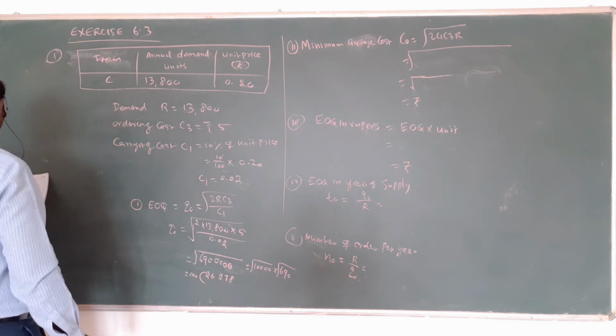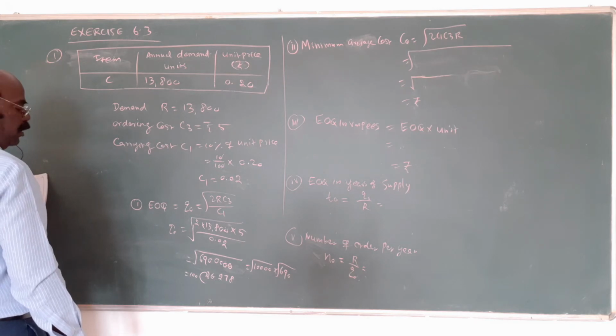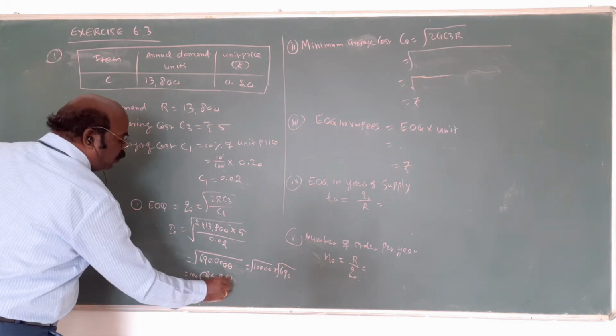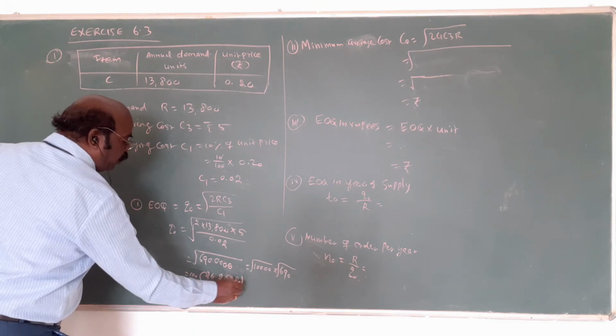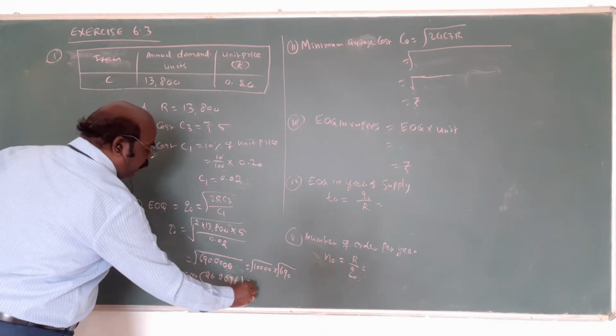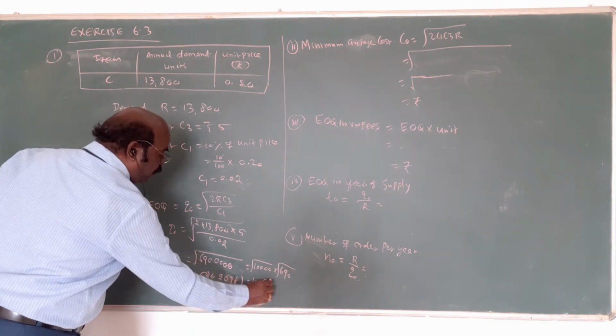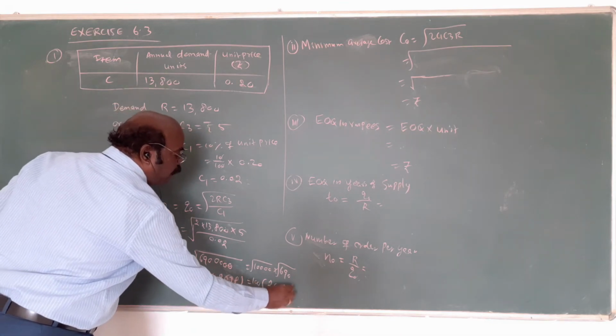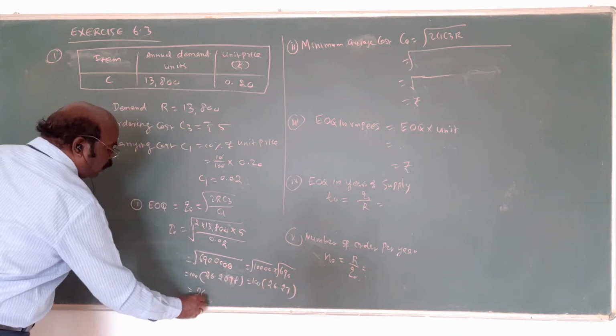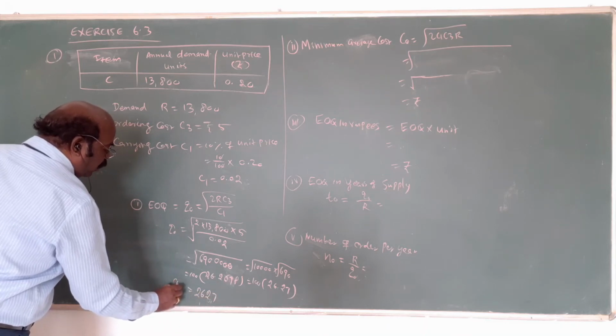Approximately, take 100 into 26.27. Now multiply, 2627. This is called Q naught.